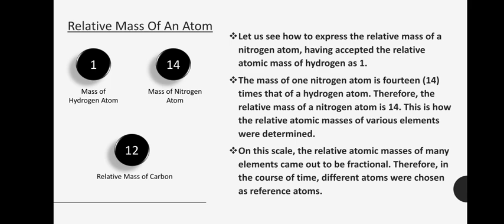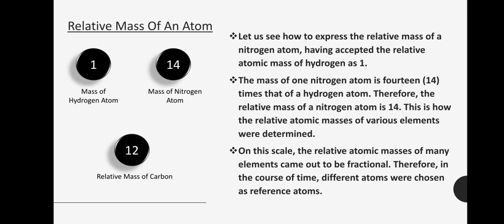The mass of one nitrogen atom is 14 times that of a hydrogen atom. Therefore, the relative mass of a nitrogen atom is considered as 14. This is how the relative atomic masses of various elements were determined. So, nitrogen is 14 times heavier than hydrogen. So, hydrogen is 1 and nitrogen is 14.